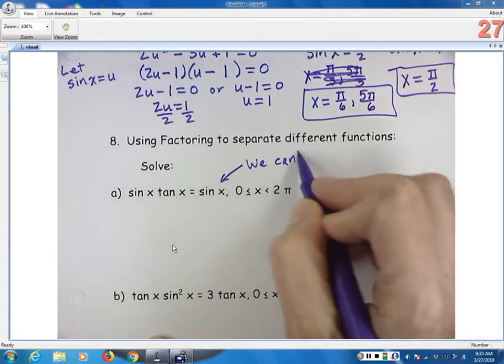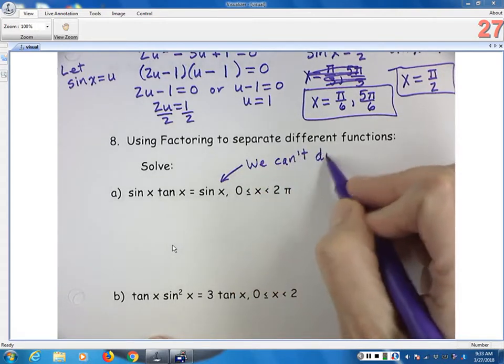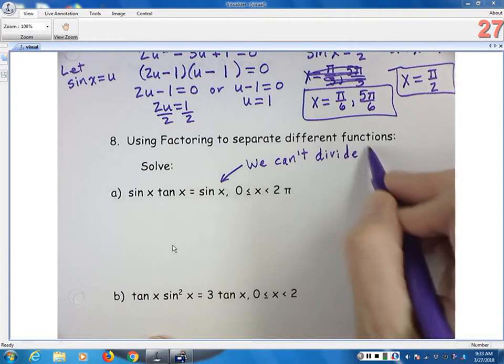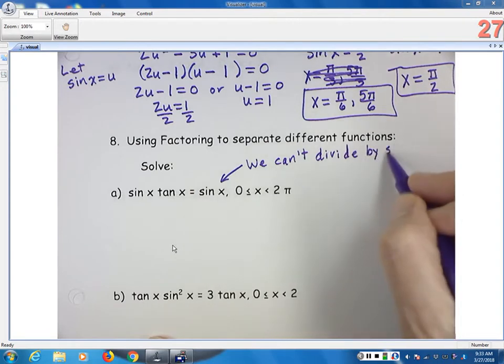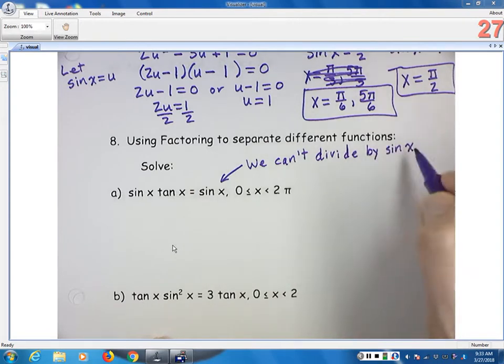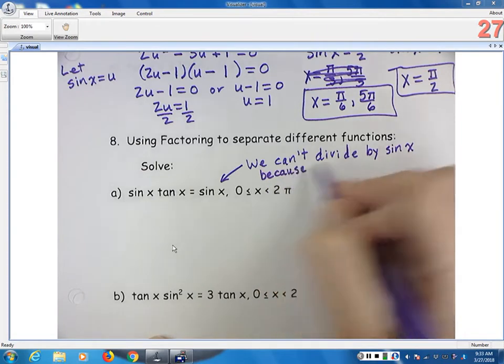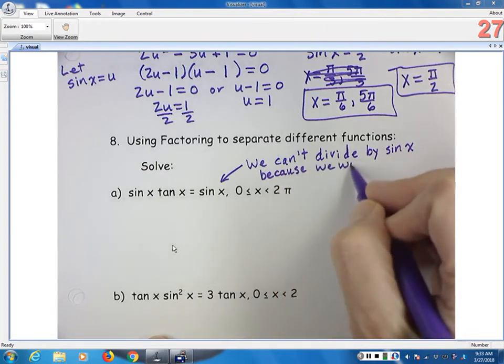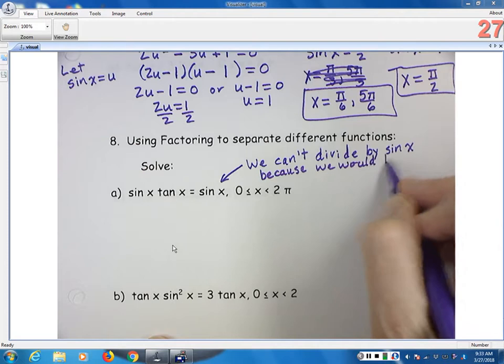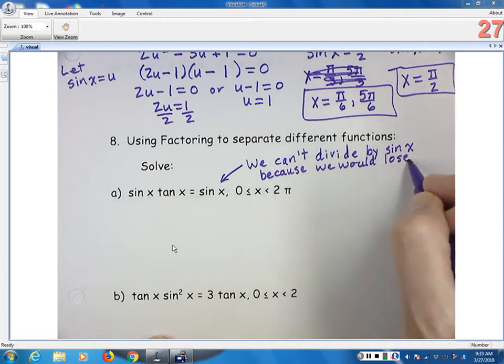I'm just making a note. We can't divide by sine of x because we would lose solutions.